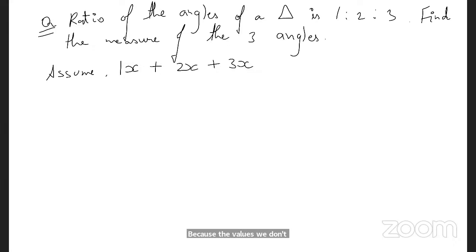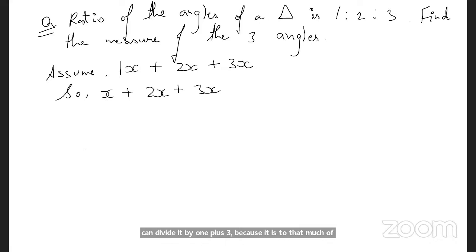So the sum will become 1x. Because I thought you can divide it by 1 plus 2 plus 3, because it is to that much of the ratio. Yes, that's right, Sandra. Okay. 1 that is x plus 2x plus 3x is equal to 180.